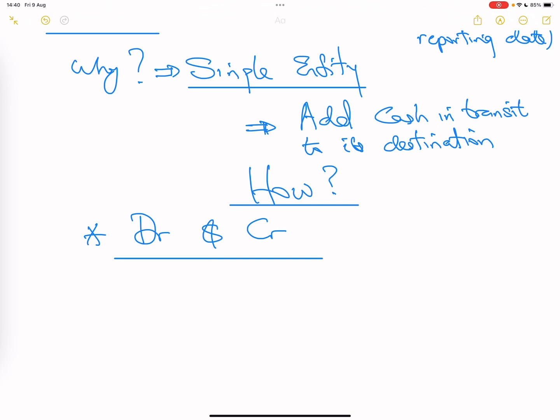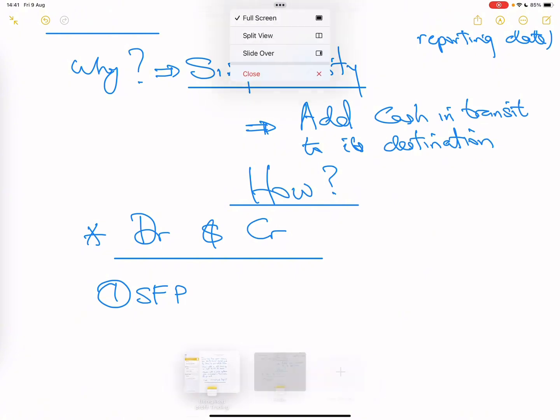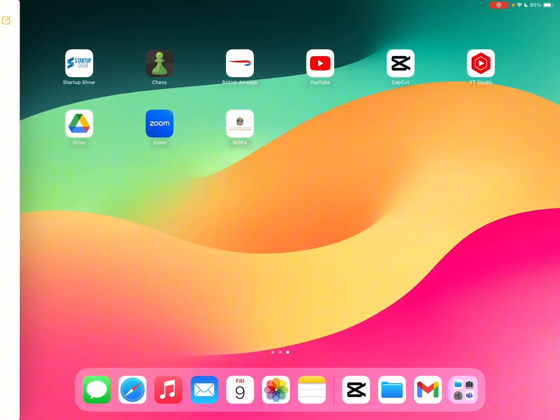So let's start with the easiest one, which is the balance sheet or statement of financial position items. So sometimes you have account payable in one entity, you have account receivable in another entity. How do you eliminate? And we have to use debit and credit.